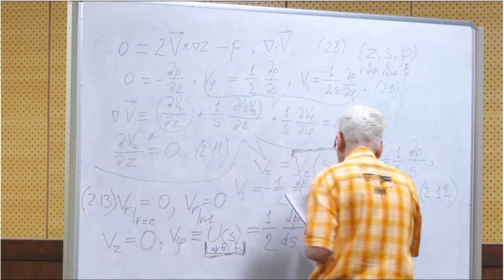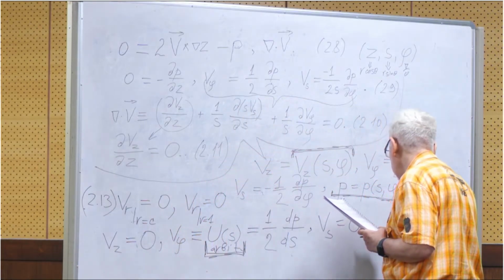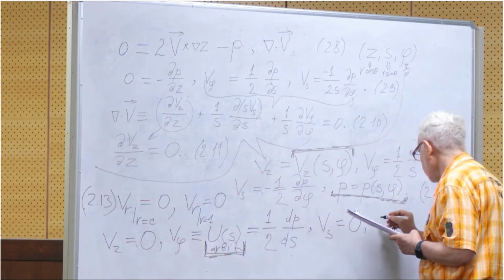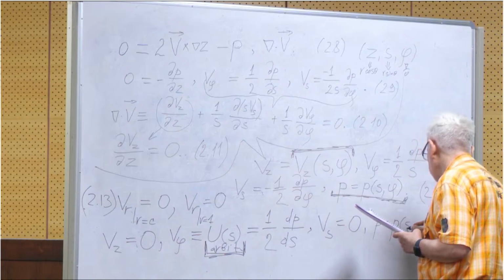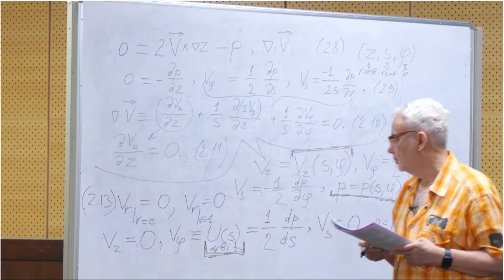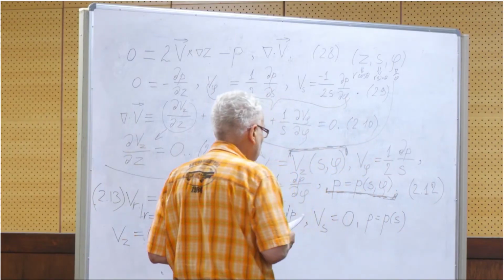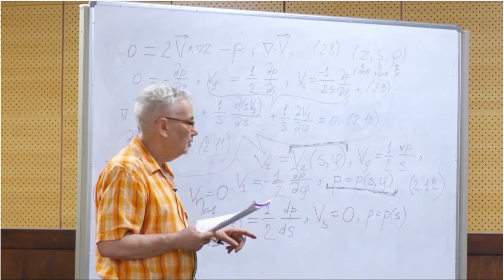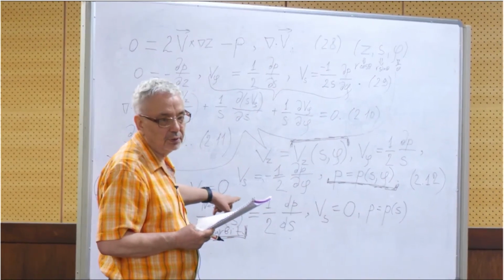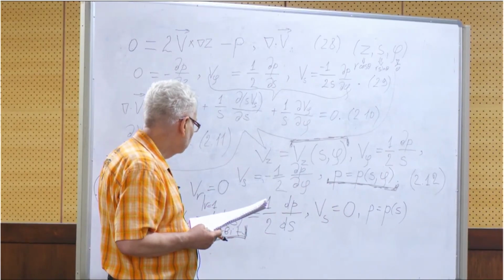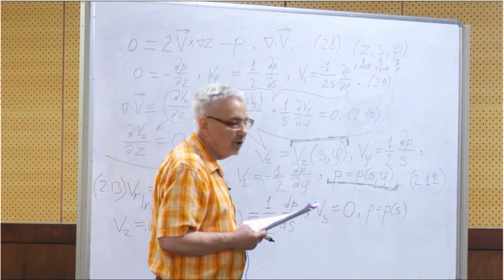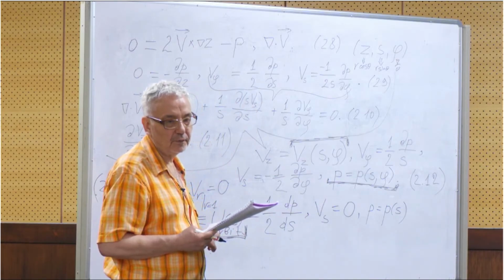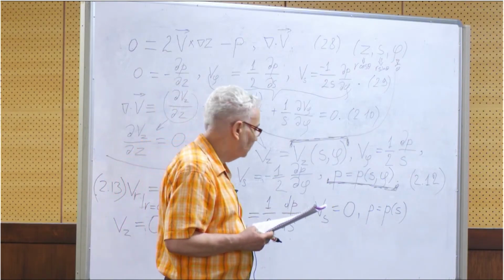And as I already told, the pressure is just a function of cylindrical radius alone. So actually we used two boundary conditions and reduced it to a very simple solution which has only one arbitrary function.